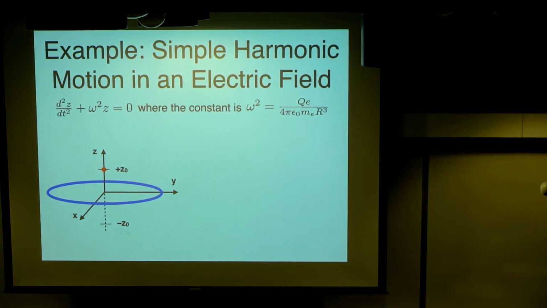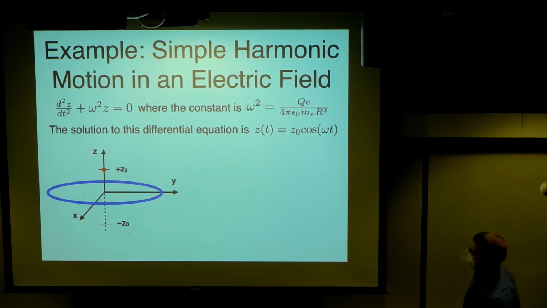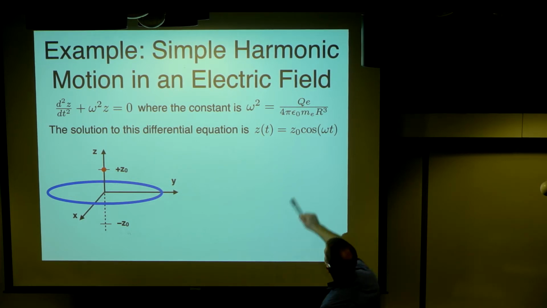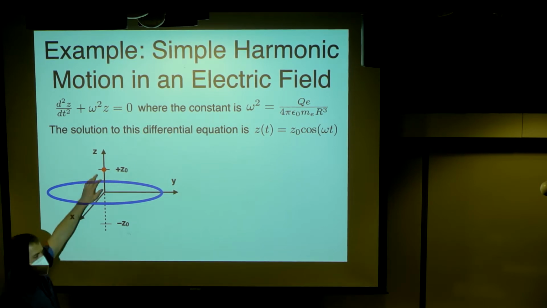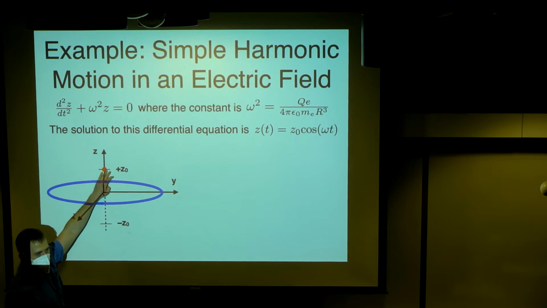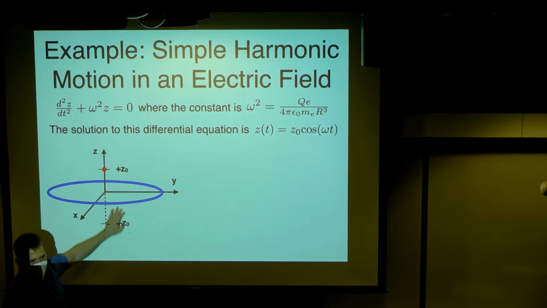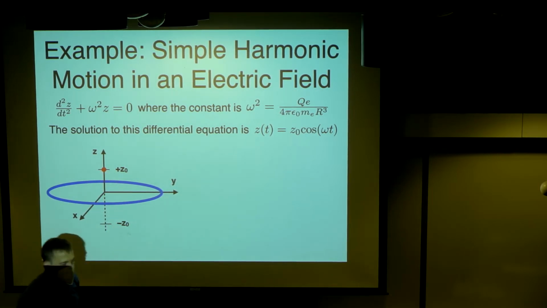Okay. So, the solution, as we just showed, is z as a function of t is equal to z naught cosine omega t. How does the cosine function behave? It just oscillates up and down, right? So we'll start at some value of z, then we'll go to some negative value, and then back up to that same positive value, and then back down to the negative value, and that just repeats forever, basically.